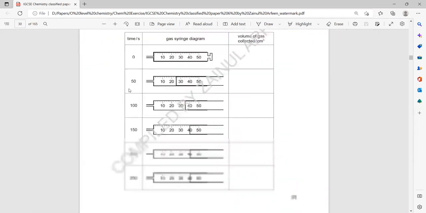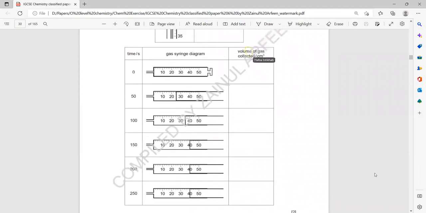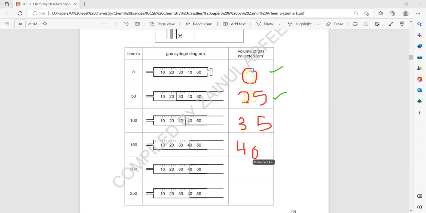I will arrange the screen so you can complete the volume of the gas collected in the second experiment. The first one was 0. The second one, 25. The third one, 35, then 40, 40, and 40.